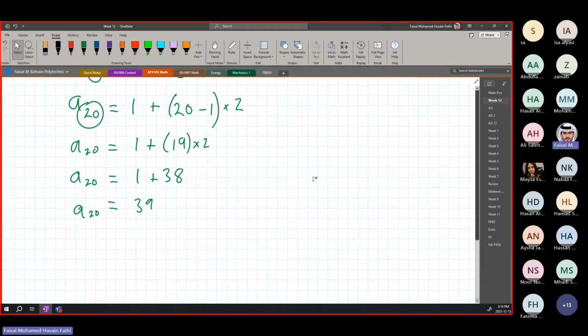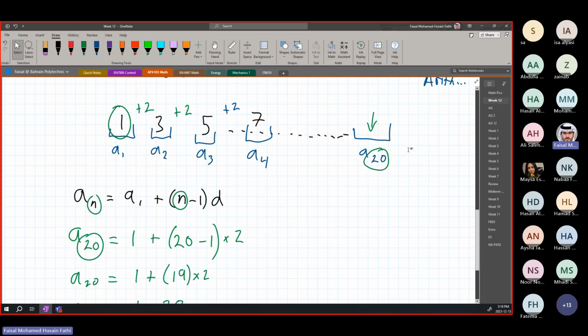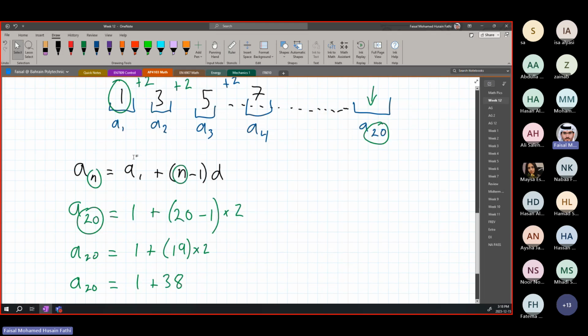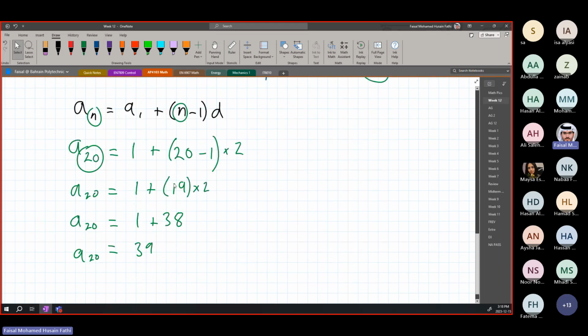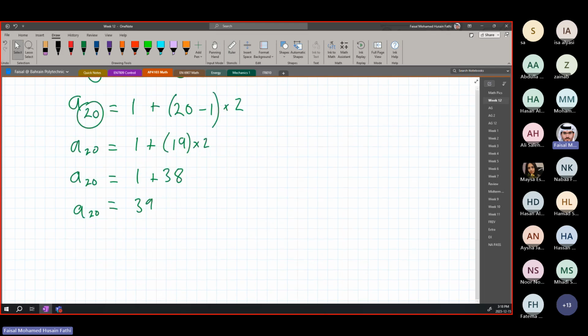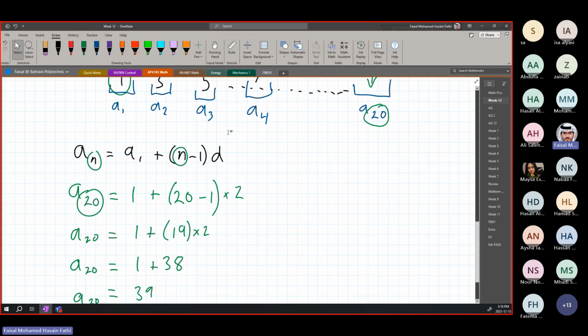This is the whole concept of arithmetic sequences. You need to find a specific number depending on the sequence that you are given, and you just substitute in the known values and solve for it. Now, sometimes they will give it to you in a different way. Sometimes they will not give you the sequence directly.